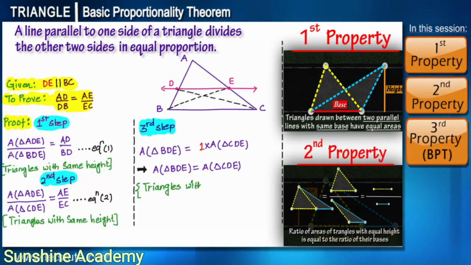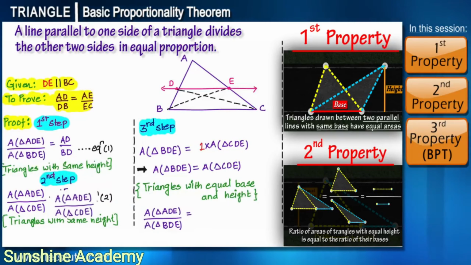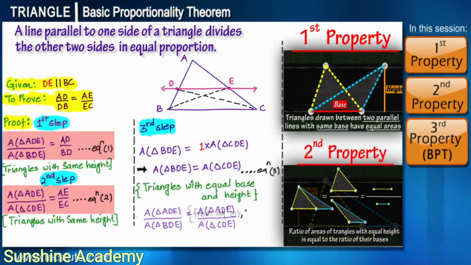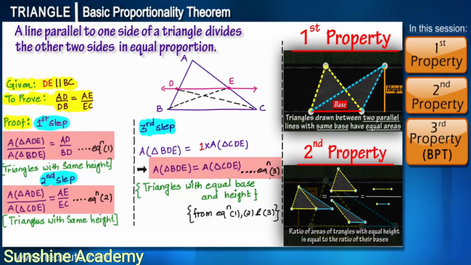If areas of these two triangles are equal, means left hand side of the equation number 1 and the equation number 2 are also equal, right? This was our third step. So from equation number 1, 2 and 3, we can say that ratio AD upon DB is equal to AE upon EC.